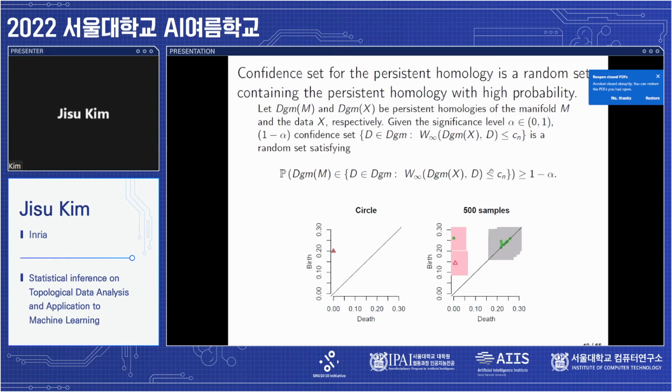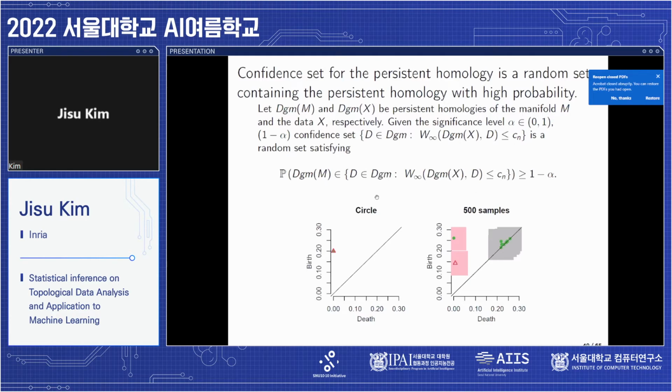And when you visualize this confidence set, it looks like this. Here the points correspond to the persistent homology of the 500 samples, and this is the set of persistent homology whose bottleneck distance is within C sub n to this persistent homology. So how does this set look?